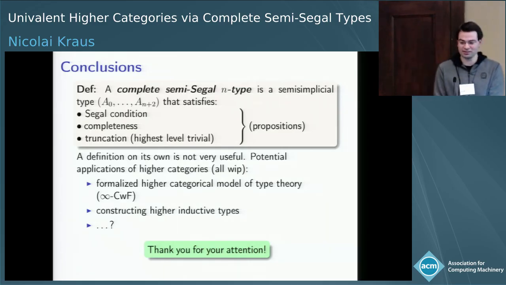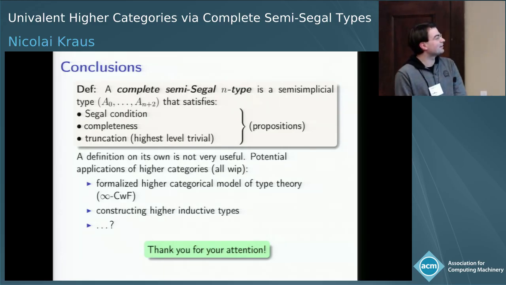Okay, so I'm nearly done. I think my time is also nearly up. So in conclusion, for this notion of a higher univalent category, which we call complete semi-Segal type, we need a semi-simplicial type restricted to n+2 components if we want an n category, and we want to equip it with the Segal condition and with completeness.